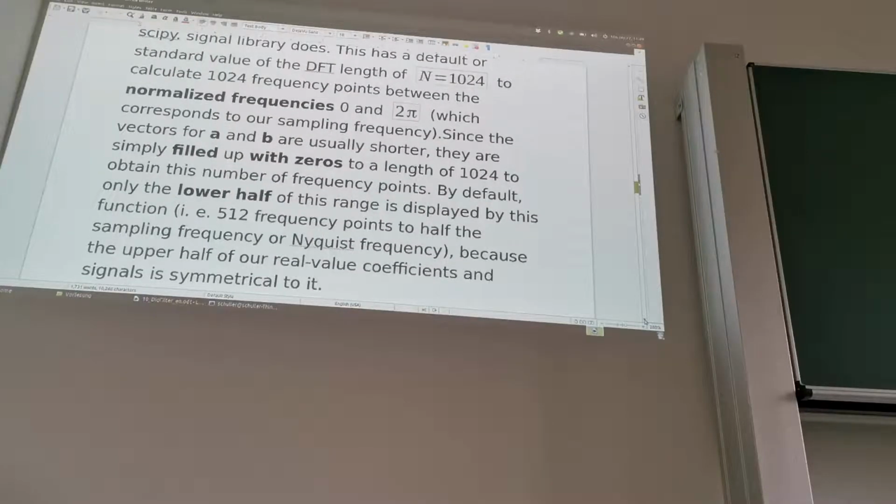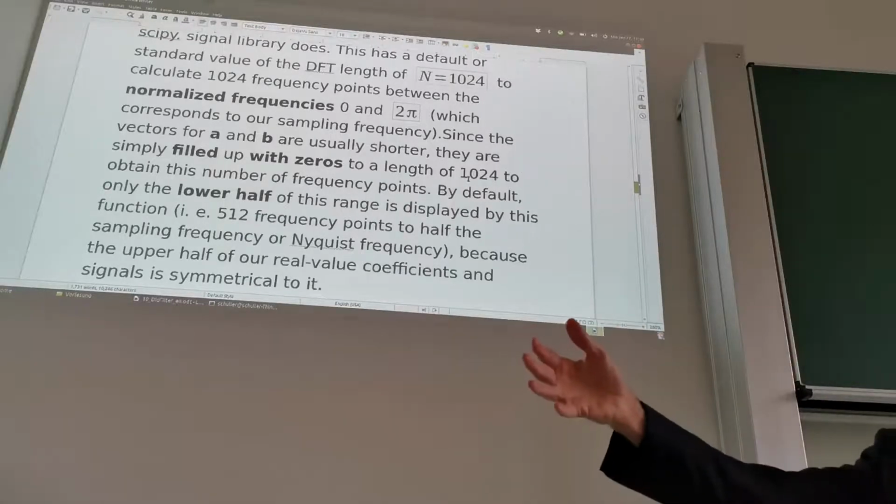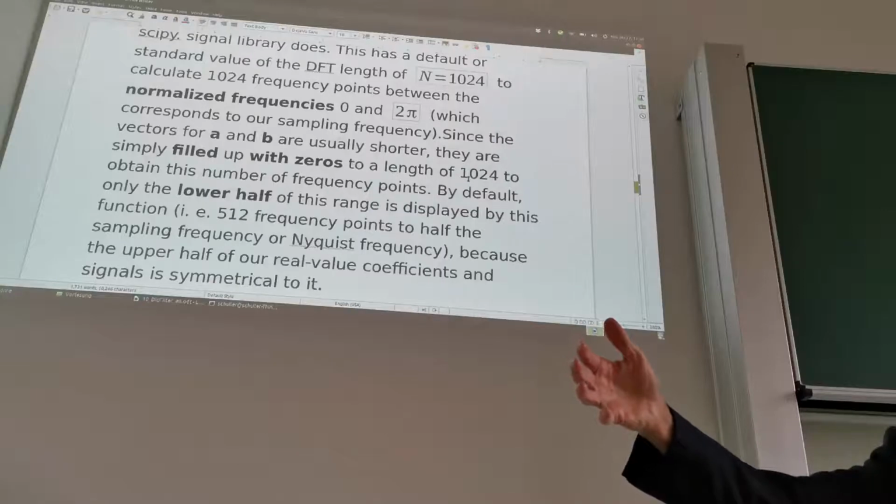Yeah, and since the vectors of coefficients a and b are usually much shorter than this 1024, right? What freqz is doing is basically it fills those sequences up with zeros, so that we get DFTs of length 1024. So they are zero padded up to a length of 1024. So for instance, maybe 4 coefficients in the beginning are non-zero, and then the rest is all zeros to fill it up to 1024.